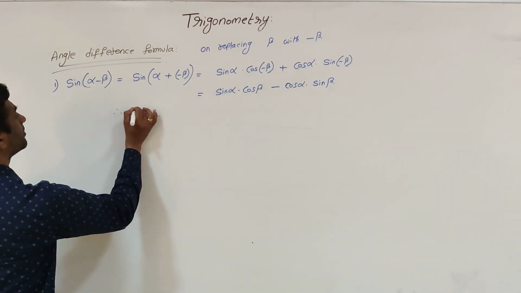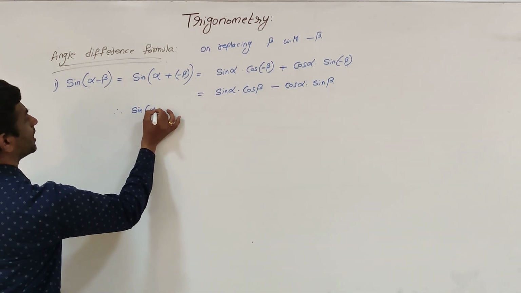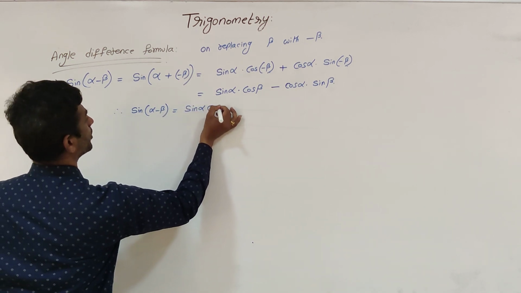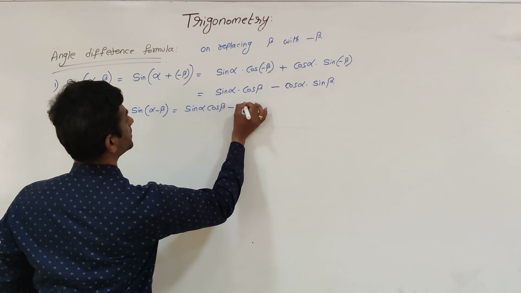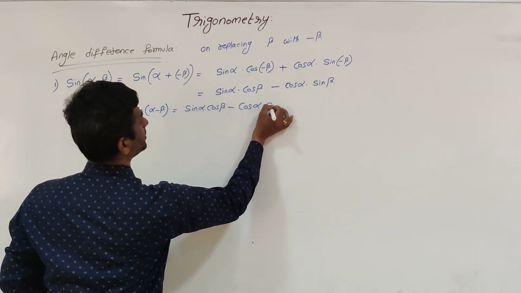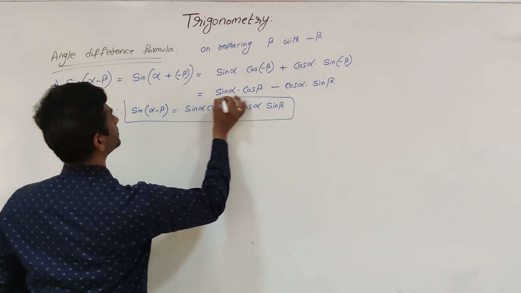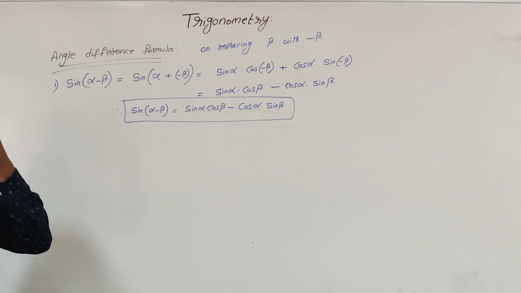So sine of alpha minus beta is sine alpha cos beta minus cos alpha into sine beta. This is the formula for sine of alpha minus beta.